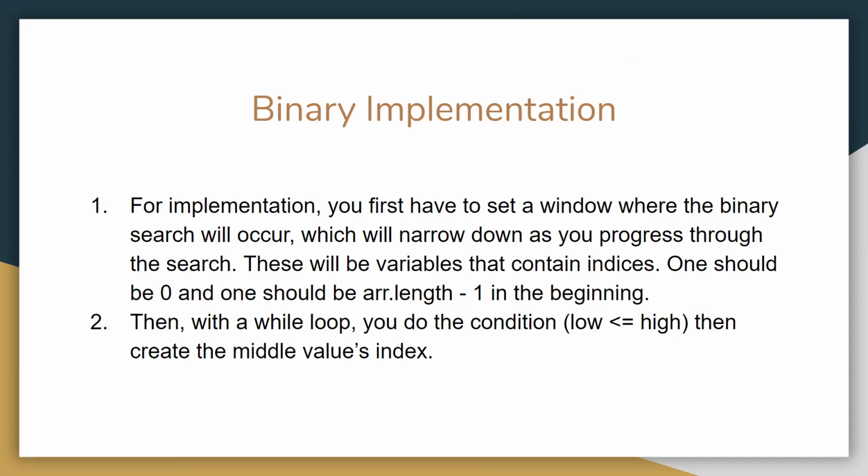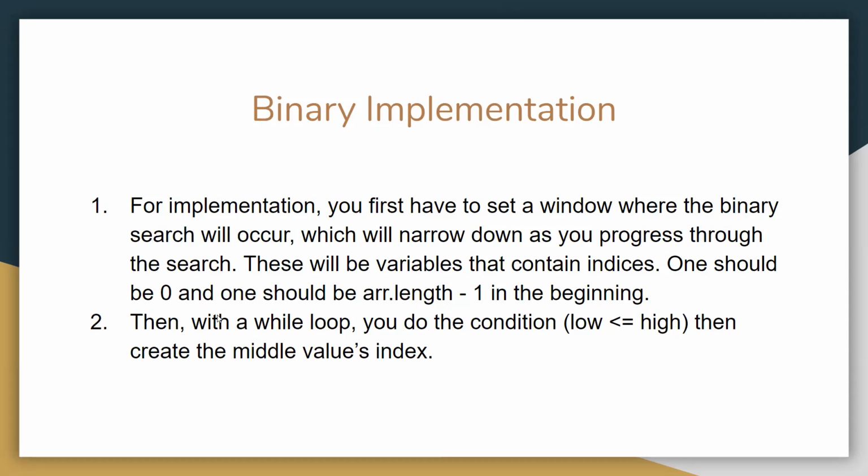These will usually be variables that contain indices, so one should be 0 and one should be array.length - 1 in the beginning. You'll see more what I mean by that in a second when we look at the code. Generally you can't just have a while loop and nothing else. You have to set boundaries, and usually that's with variables that hold the window where you're searching.